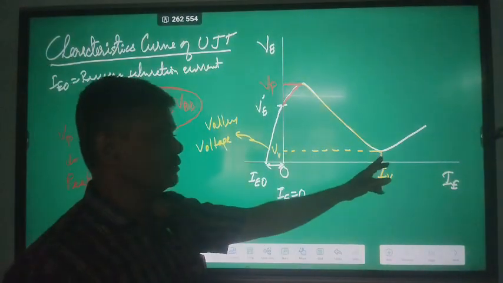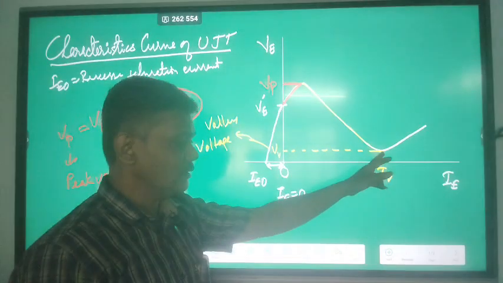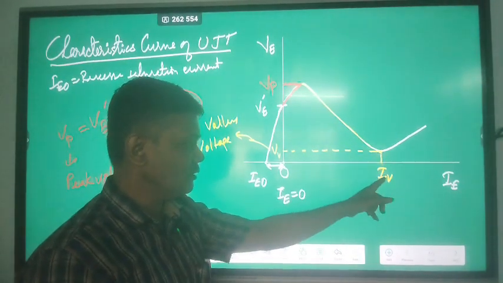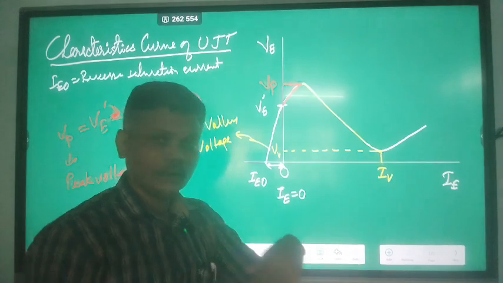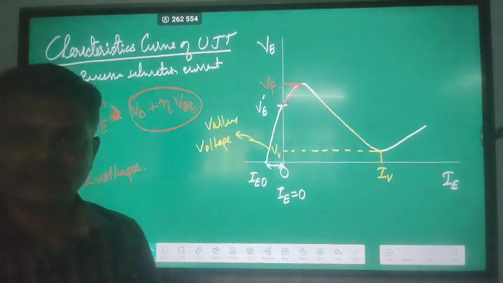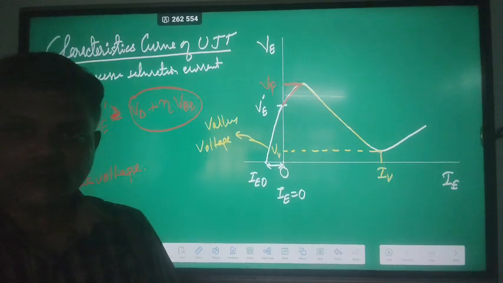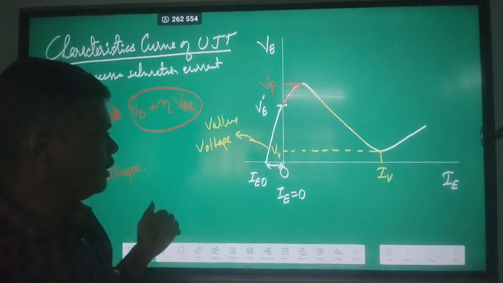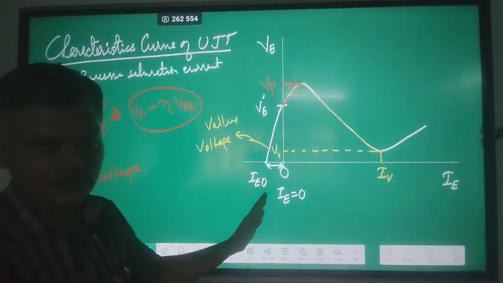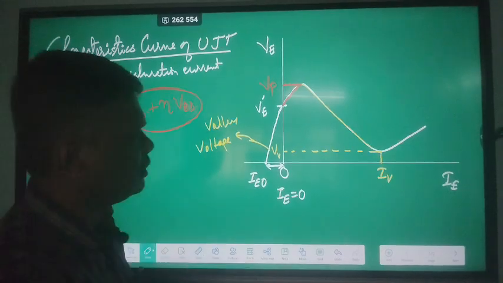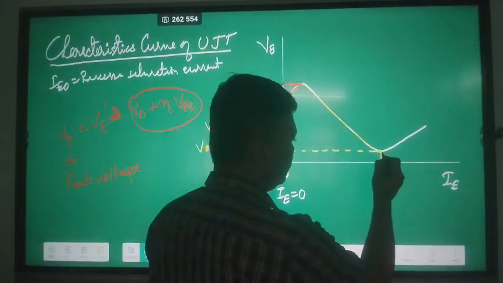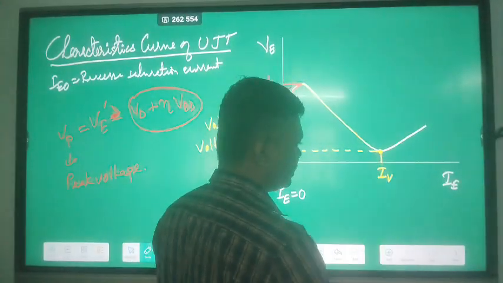After reaching this valley voltage, that means after reaching IV, if you again want to increase the current, for that purpose you have to apply more VE, because now you are in the saturation region. That means your current is now saturated.